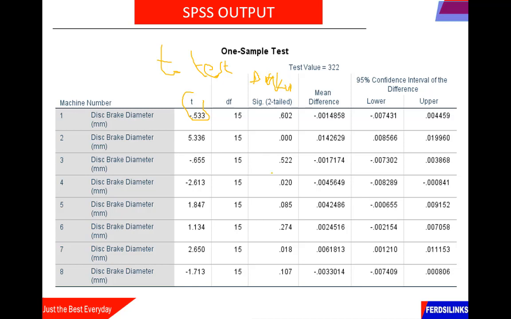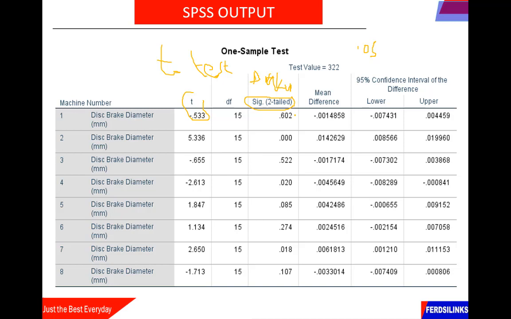Now, this p-value, if you are testing at 5% significance level, the rule says that I'm giving you a simple way to do that. If you are testing at 5%, it means you are testing at 0.05.